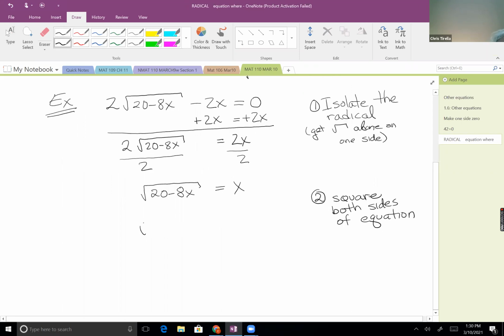So I'm going to rewrite what we have. So if there's anybody who's not in class who's looking at the notes, you can see what we've done. We took that equation that we got and we squared both sides. And when I square a square root, remember we just get the radicand. When we square a square root, it's kind of like taking that head off. And so that gives me 20 minus 8x is equal to x squared.